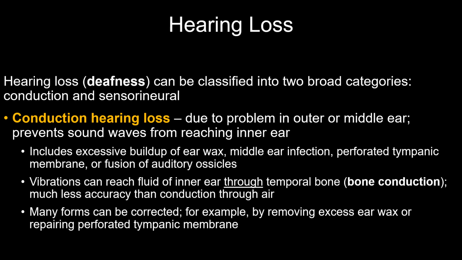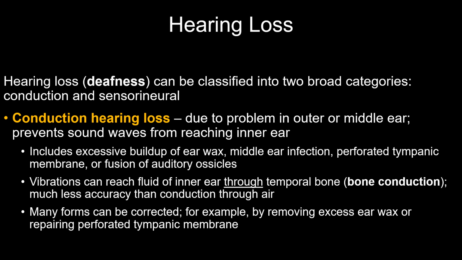Excessive buildups of wax, a middle ear infection, a perforated eardrum, or if those auditory ossicles are fused, these vibrations can't reach the fluid of the inner ear as effectively. There's much less accuracy than there would be. Many forms of conduction hearing loss are temporary, and they can often be repaired or corrected.